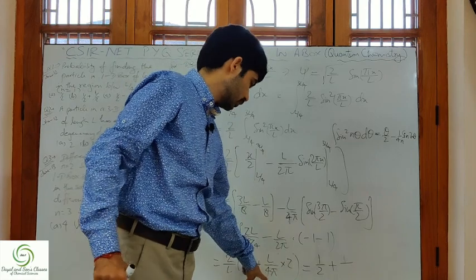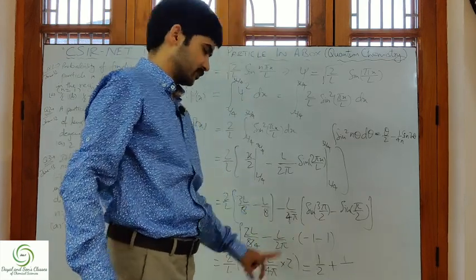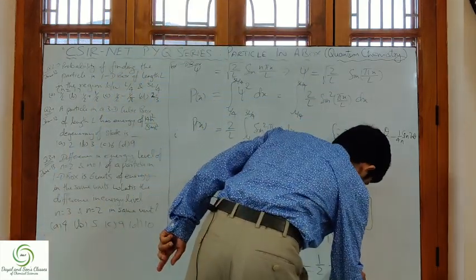Now here 2 into 2 is 4, and divided by 4 we get 1. So we get 1 by 2 plus 1 upon pi.